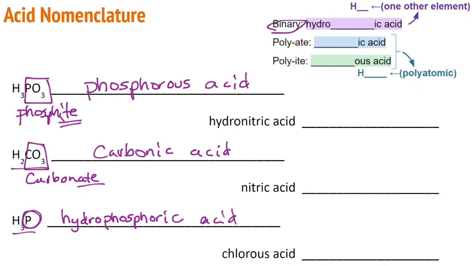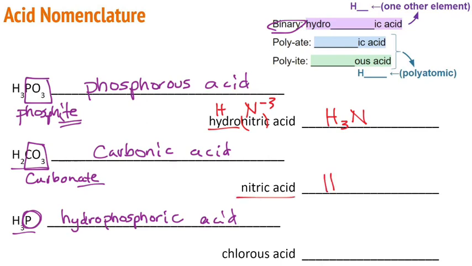Now, writing formulas. If I see hydro here at the beginning, well, really, I know that all acids start with hydrogen. But hydro at the beginning means there's just one element with that hydrogen. And so if this is hydronitric acid, nitrogen is that element. And nitrogen's charge is a -3, which means our formula is going to be H3N. This is nitric acid.